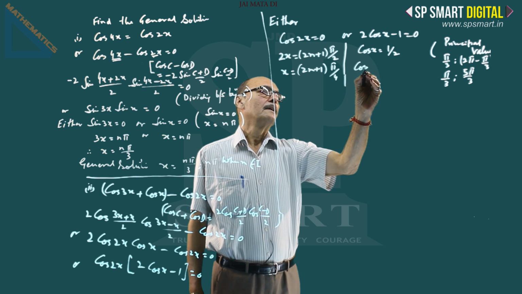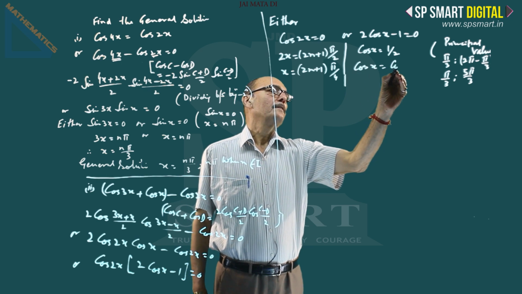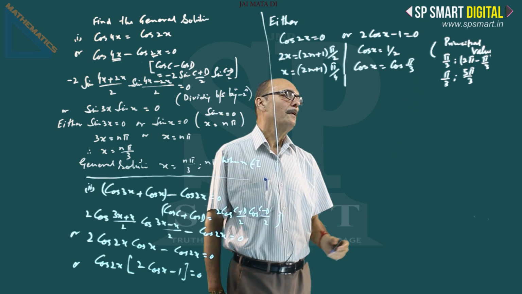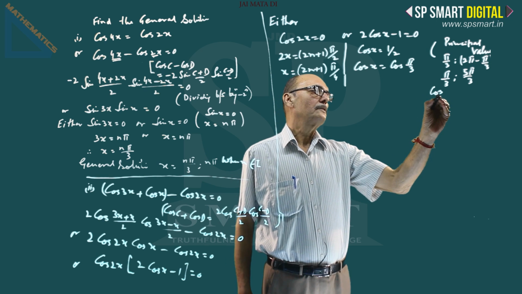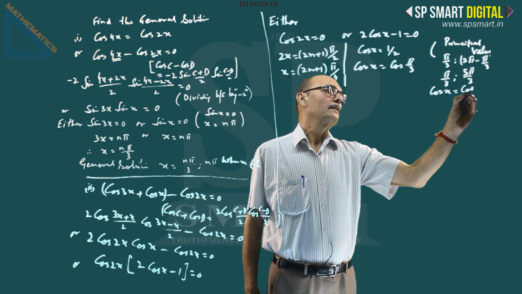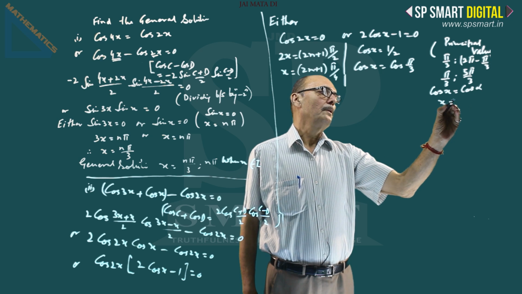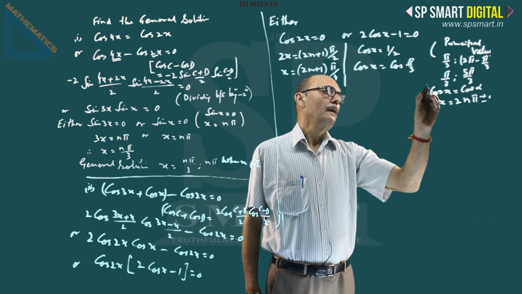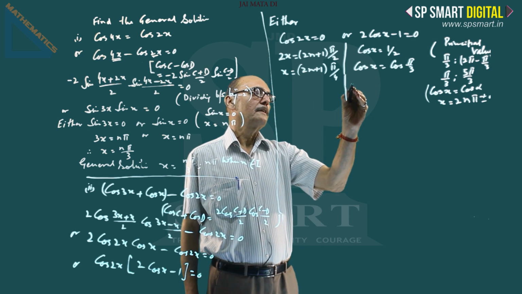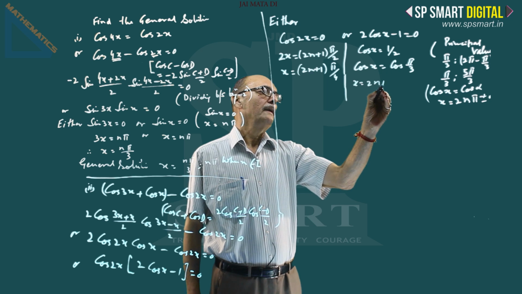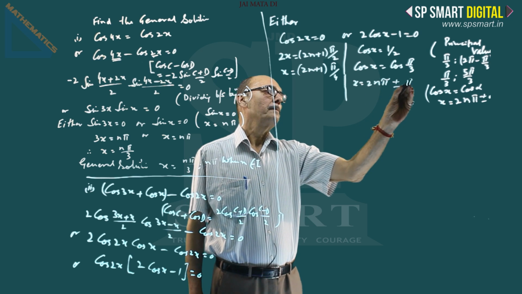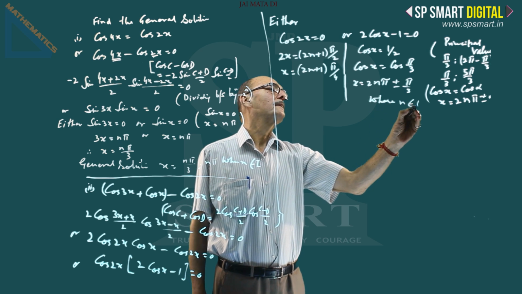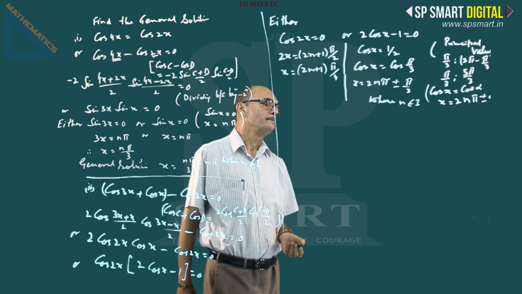So, out of these two principal values we take up cos x equal to cos of pi by 3 and use the formula that if cos x equals cos alpha, then x equals 2n pi plus or minus alpha. So in this case the second answer is x equal to 2n pi plus or minus pi by 3, where n belongs to the set of integers.